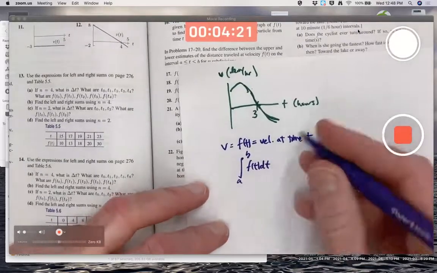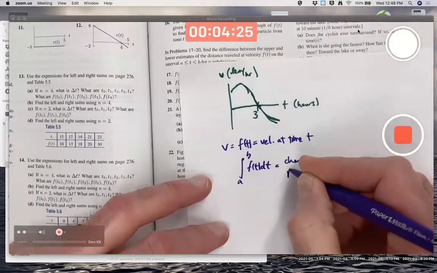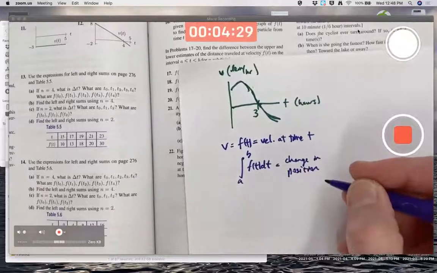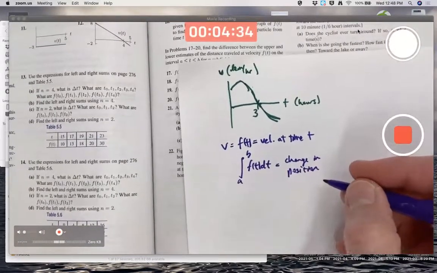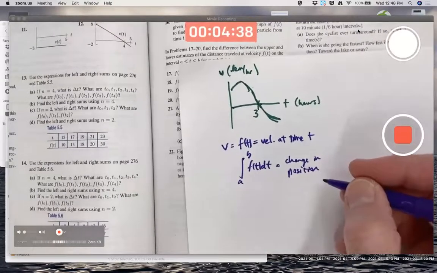That's the key principle. This is the change in position, which could be positive or negative. If it's positive, that means you ended up further away from home than where you started. If it's negative, it means you ended up closer to home than where you started.